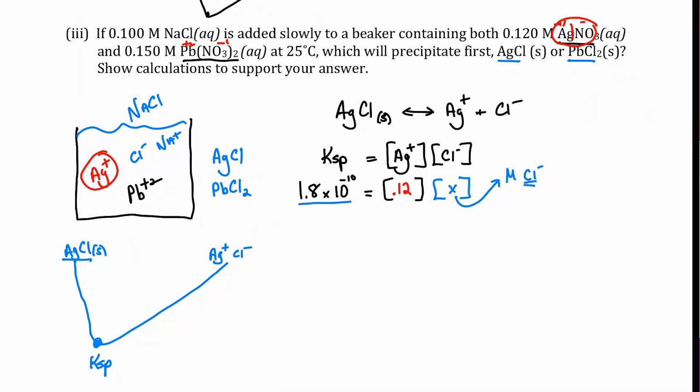Okay. Well, we're going to solve for what the value of the chloride ion has to be when we reach the equilibrium, given that we have this much of silver already.